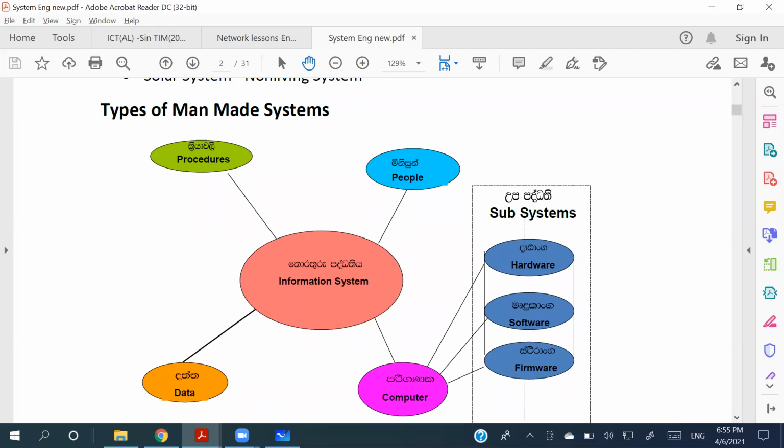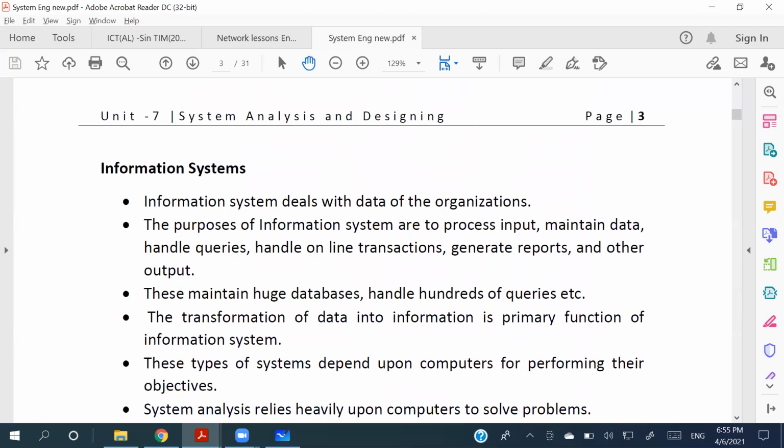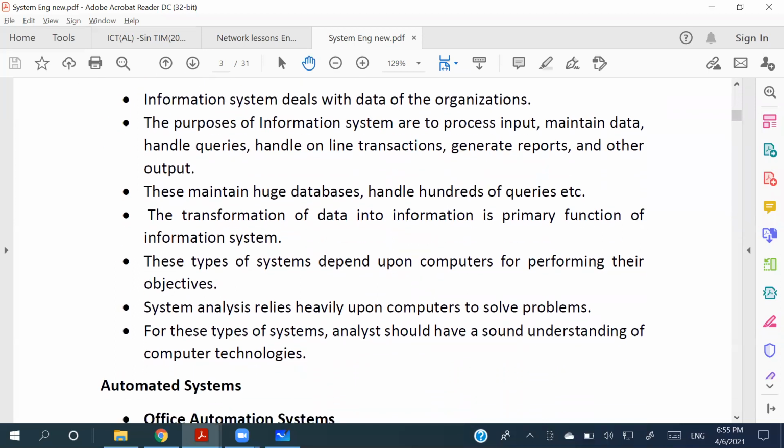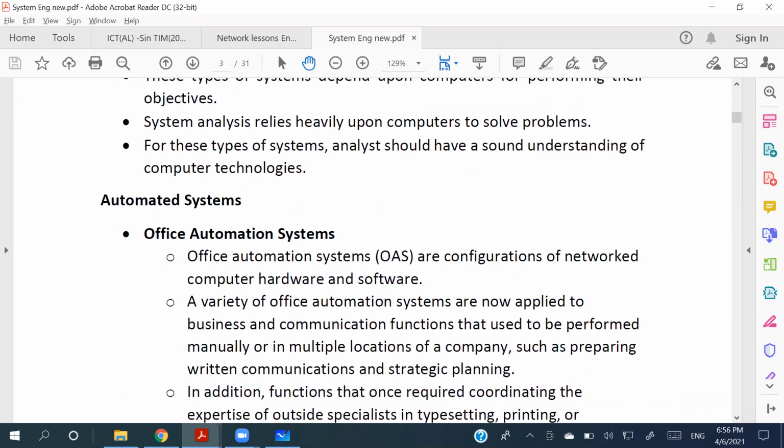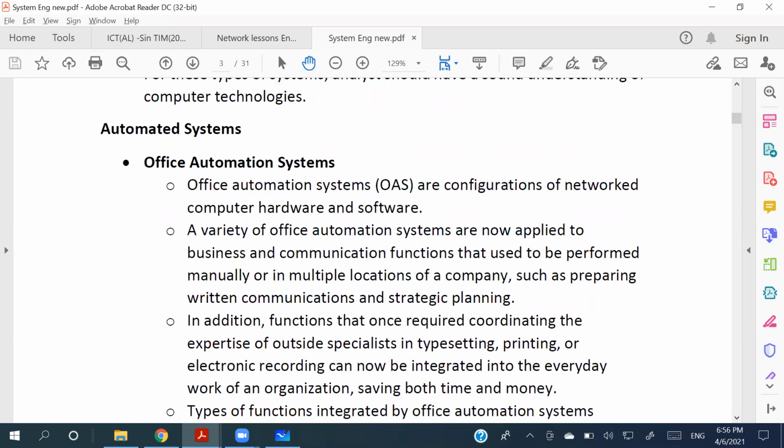Anyway, the motive of the information system is to provide a particular information or some analysis regarding the given data, right?